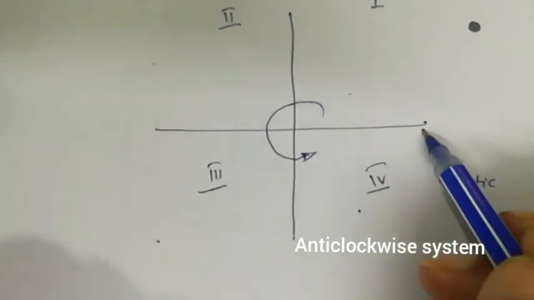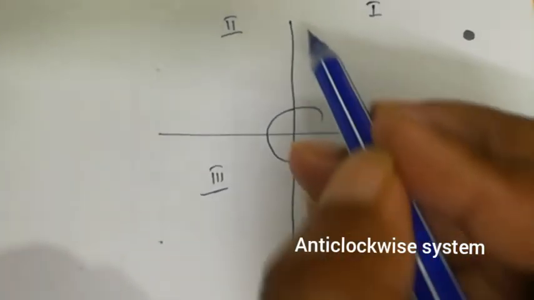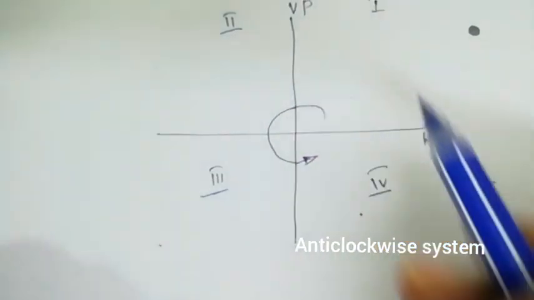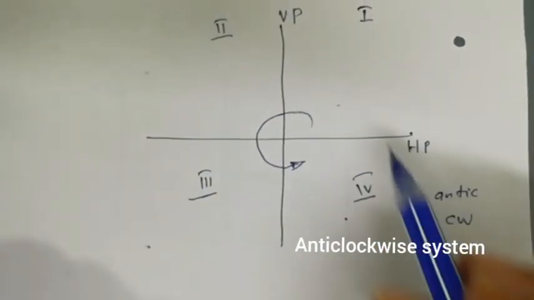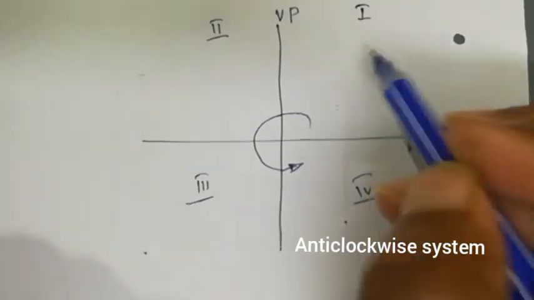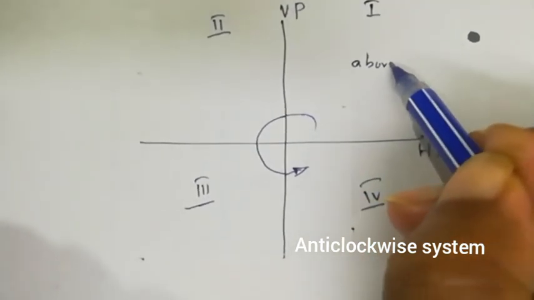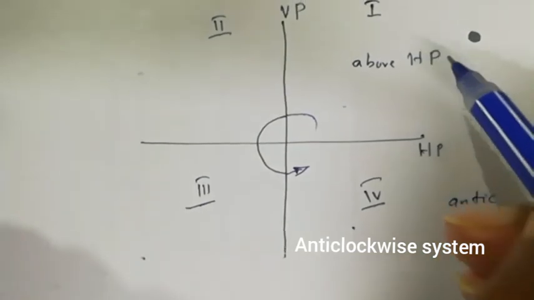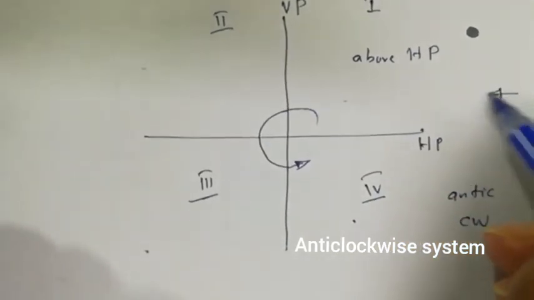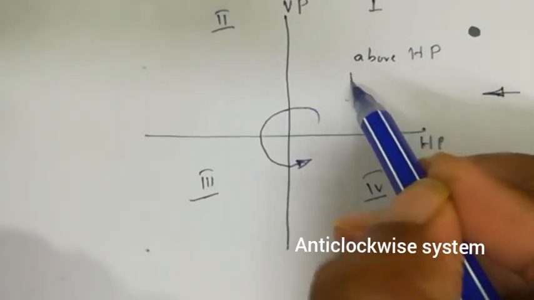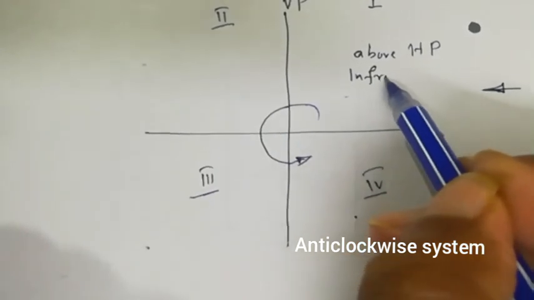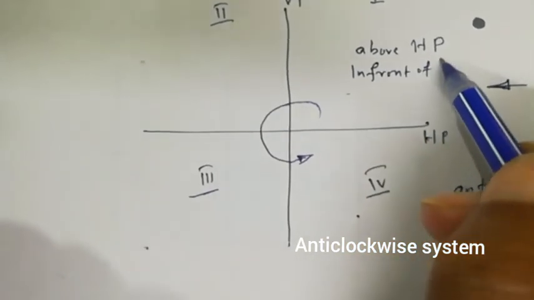So this is horizontal plane, this is vertical plane, and of course first quadrant is above HP. For a person looking from here, it is in front of VP.